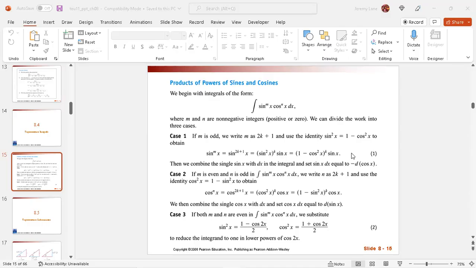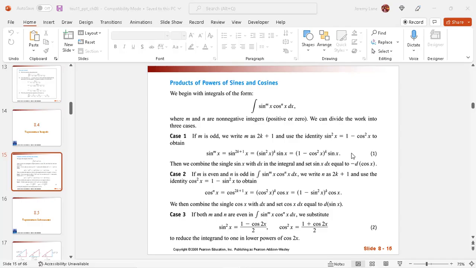If m is odd, the power on the sine function is odd, then we're going to use the identity that sine squared of x is equal to 1 minus cosine squared of x to obtain a new format for the integral.